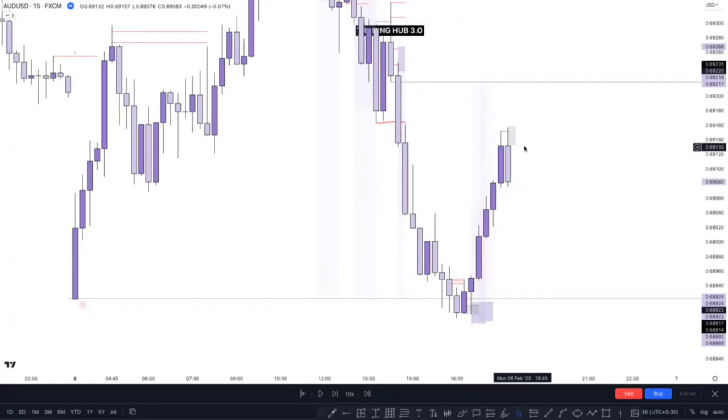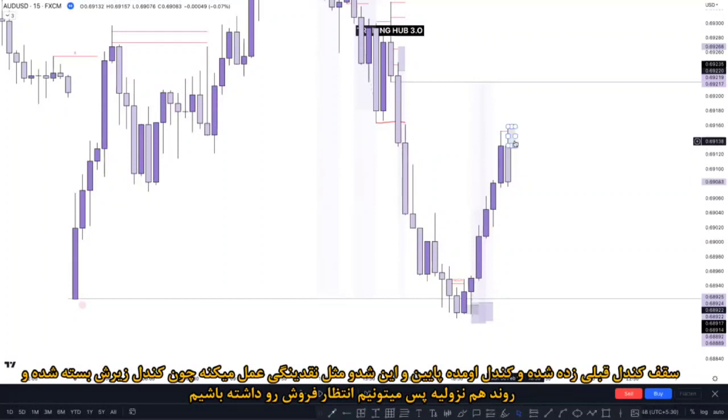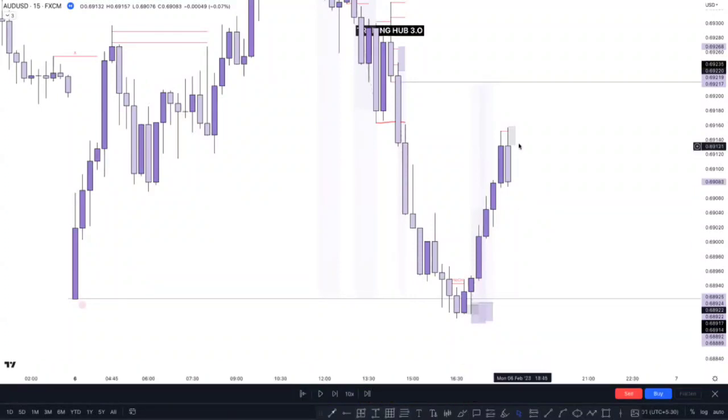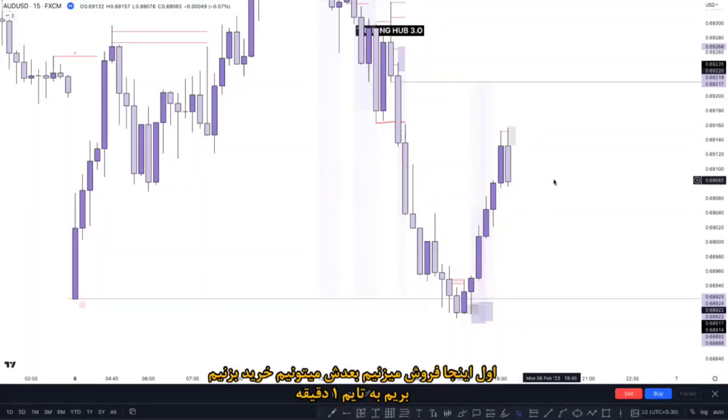Look at this one. The previous candle high was taken out, price pushed downside, and this shadow acts like liquidity. Why? Because the previous candle closed below it, the market is bearish, and this is a counter trend. So we can expect to sell here first, and then a possible buy here.